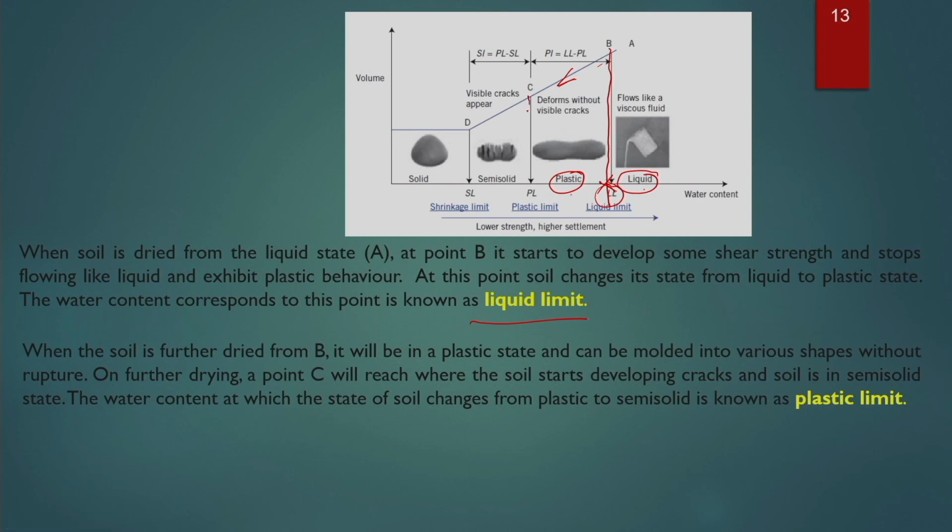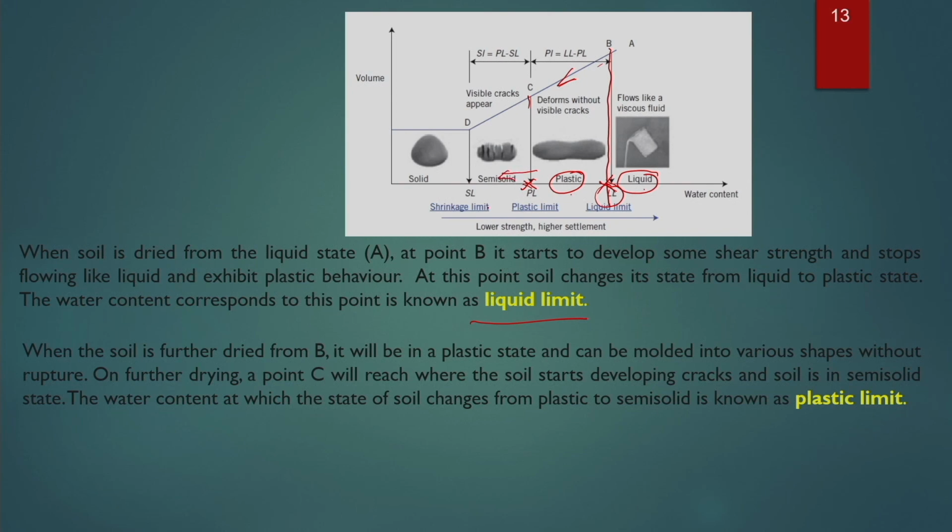Now after drying the soil further, we will reach a point over here at C. At this point the soil will start to develop some cracks. So this water content at which the soil starts to develop cracks is known as the plastic limit. Beyond this plastic limit, the soil will behave like a semi-solid.